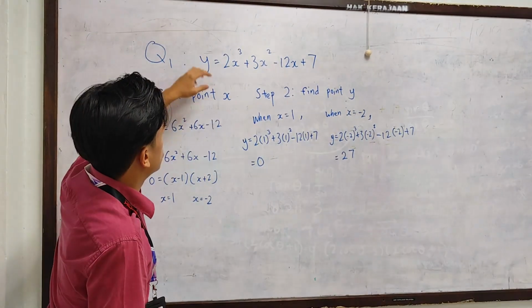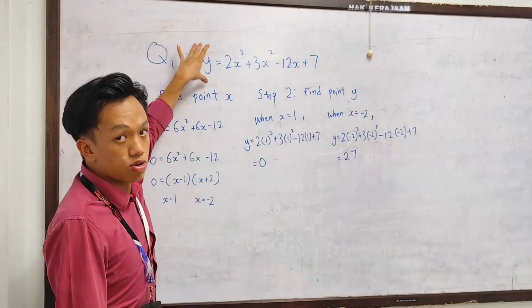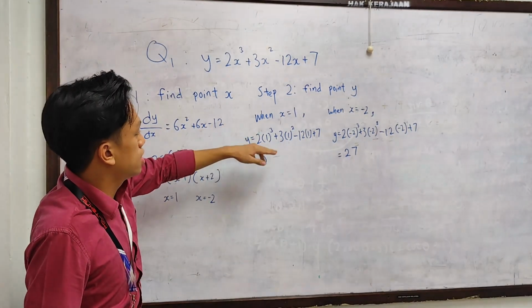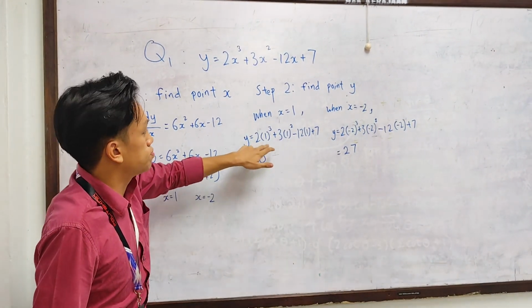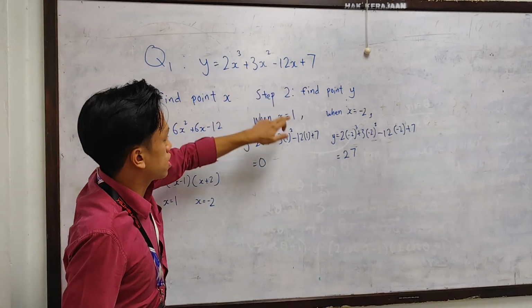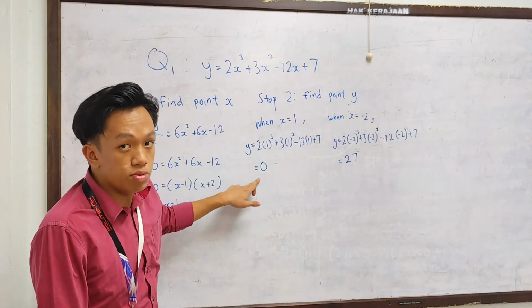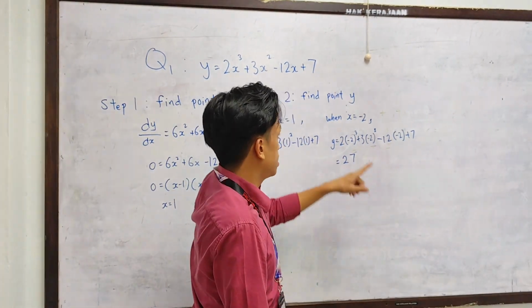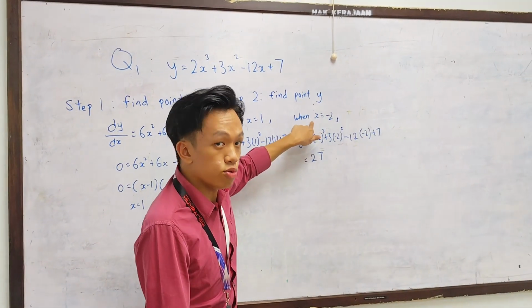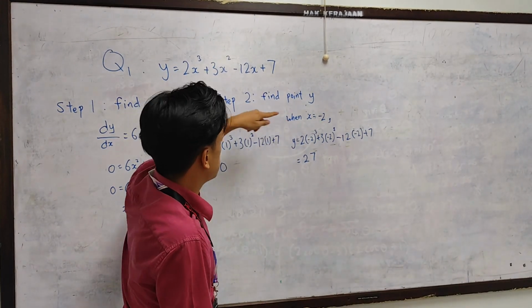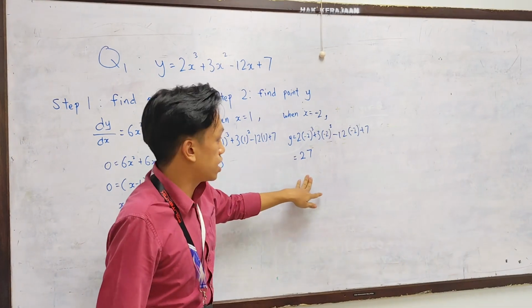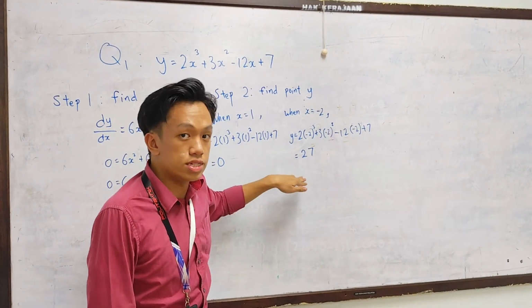Remember, we substitute into the original equation. When x equals 1, we substitute all the x to become 1, and the answer will be 0. That's our first point. The second point is x equals -2. When we substitute -2 into all the x, we get y equals 27.